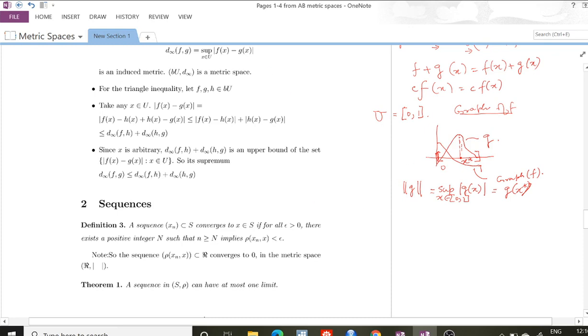If I have the graph of f and the graph of g, and I want to know the distance in terms of this sup norm between these two functions, then for every x, suppose this is a particular x, I calculate f of x, I calculate g of x, and then I take this distance. I calculate the difference and I take the absolute value. So you can see that my distances will look like the gaps here.